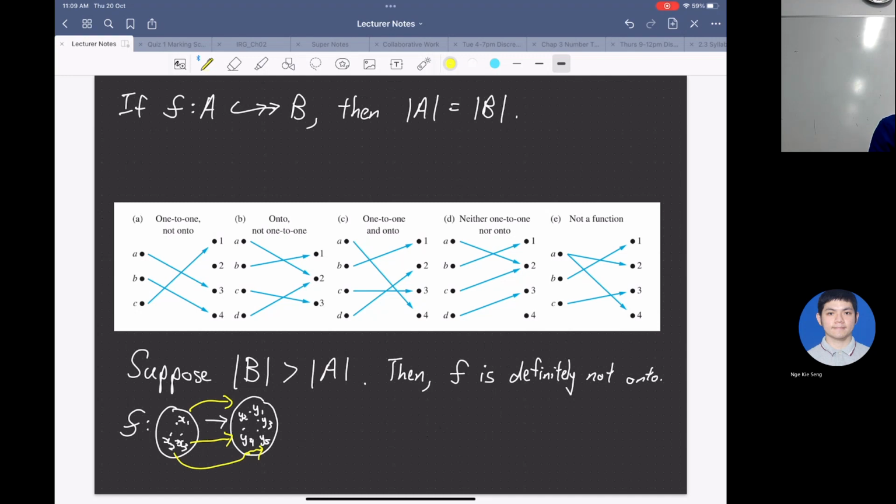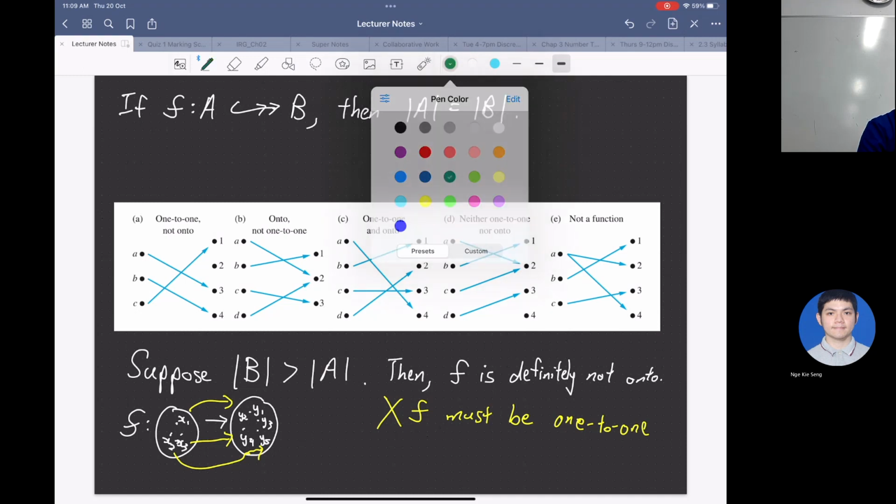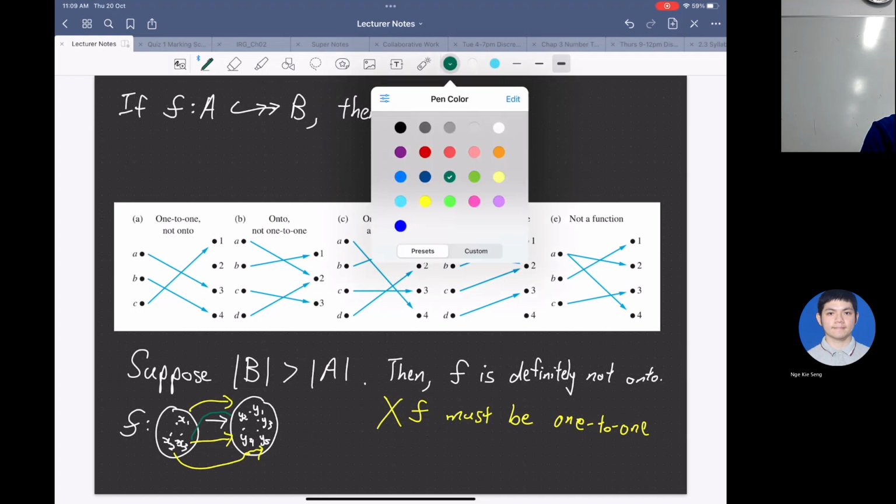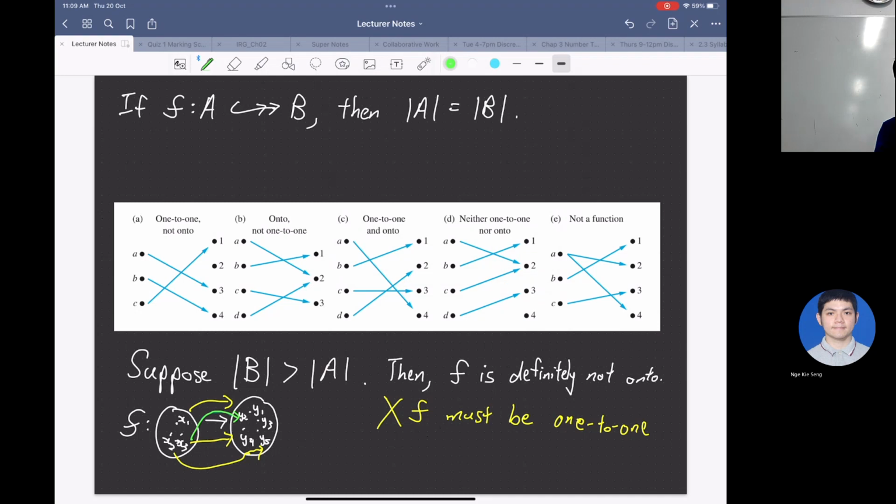But it doesn't imply that F must be 1-to-1. I can also send different xi to the same y. So some of the 1-to-1 and onto you can deduce from the cardinality condition, but some you can't.